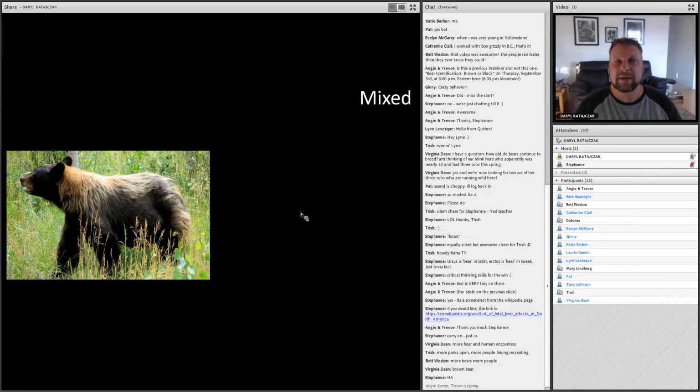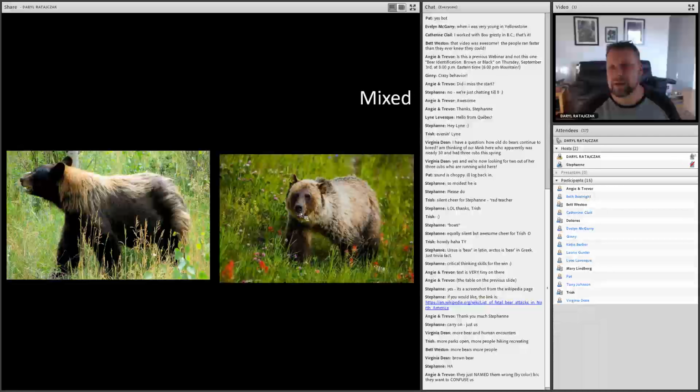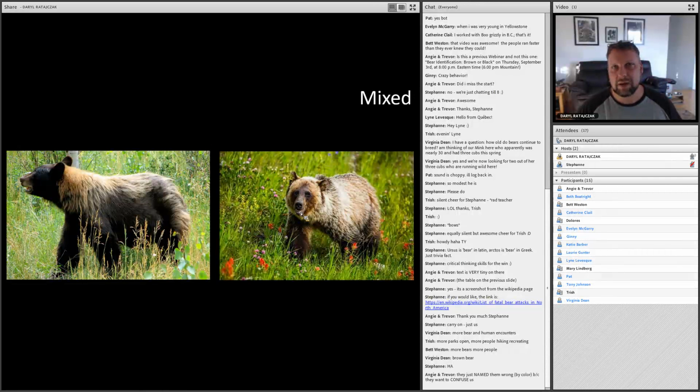Here's a black bear that doesn't know what it wants to be, because it's got blonde, it's got brown, it's got black. That's a black bear. Well, grizzlies could have that mixed color too. And so you can start to see, especially when you have a bear of average size, it might be really difficult to differentiate between the two.